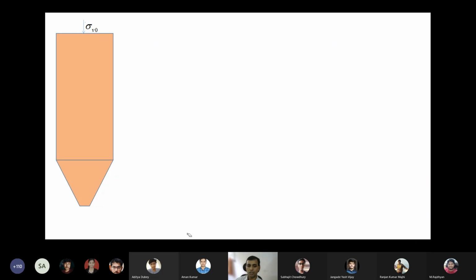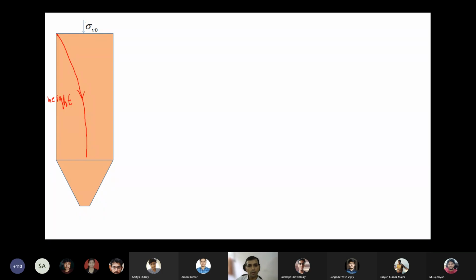To find the stress profile means finding how stress varies with respect to one parameter. Here we want to find it with respect to the height.